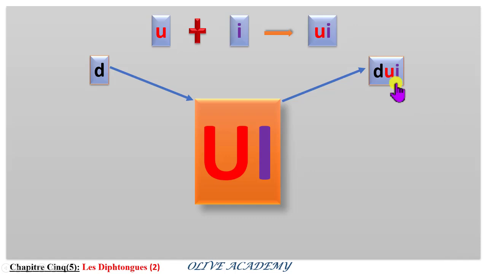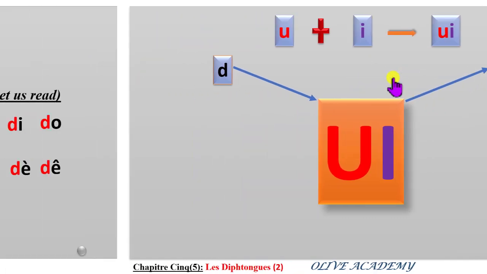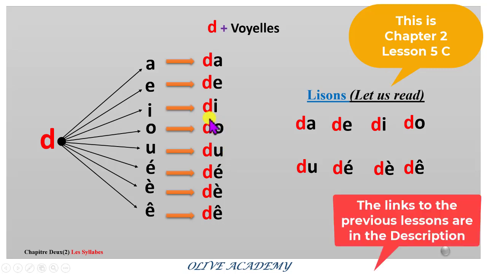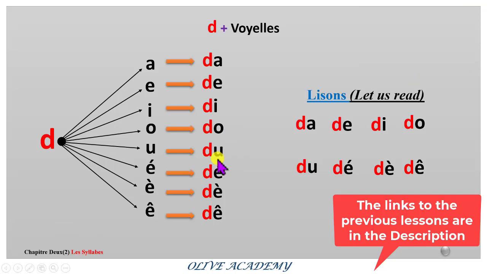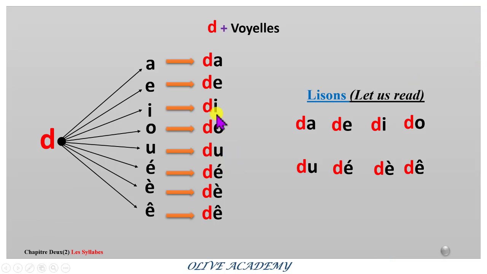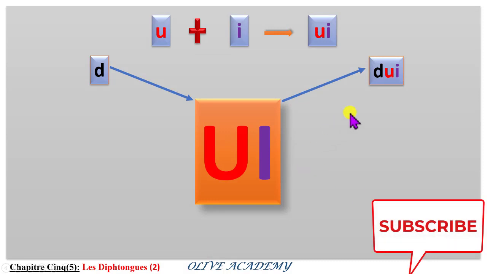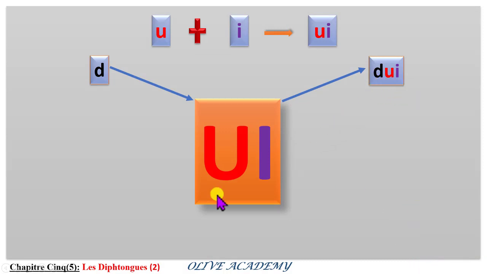We have learned in one of our lessons, that is the lesson in which we have seen D, that when D is behind I and U, it sounds J. So we have G and J. So we have J. On continue.